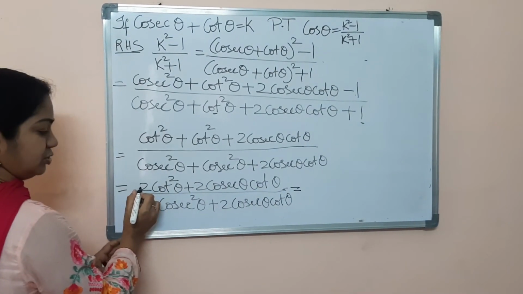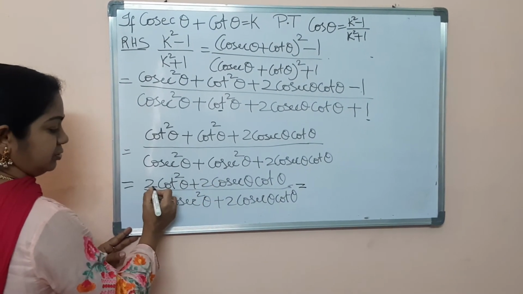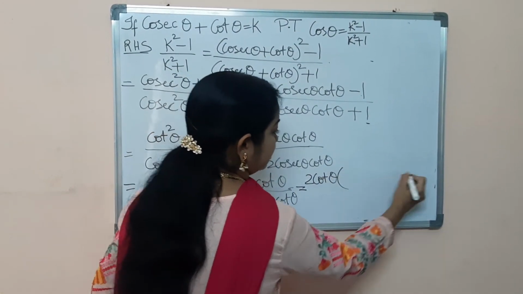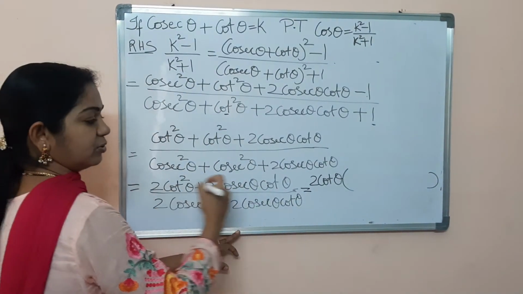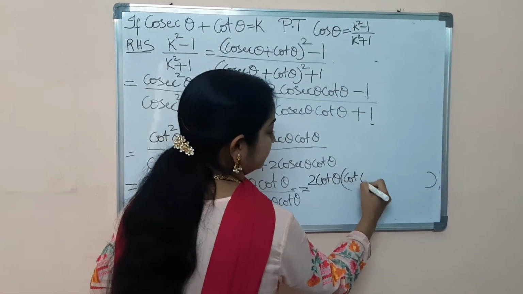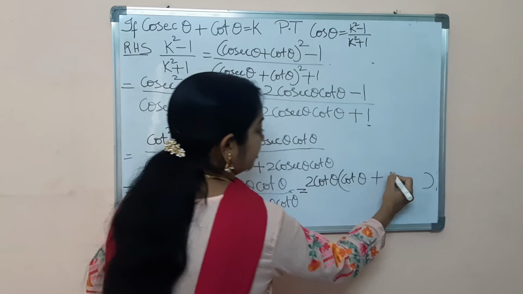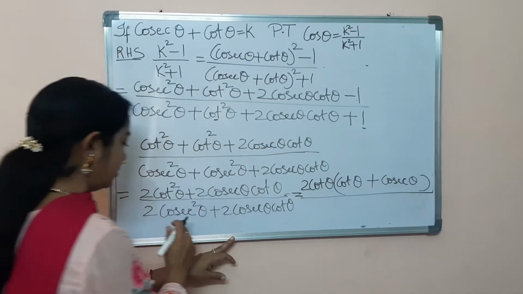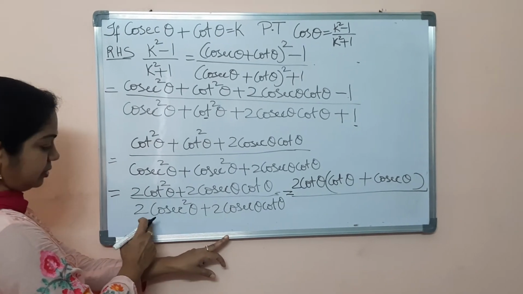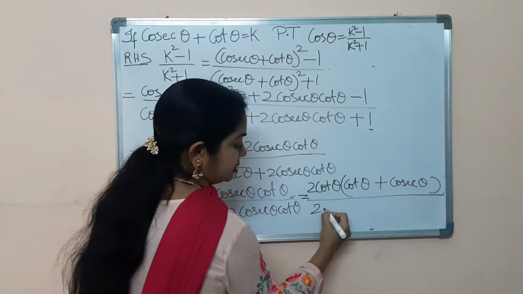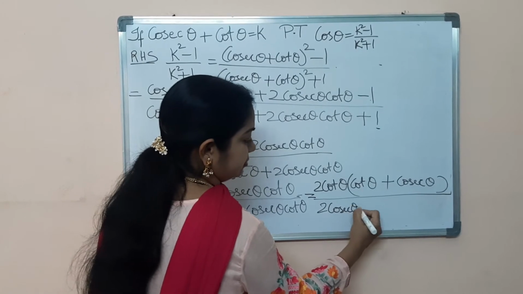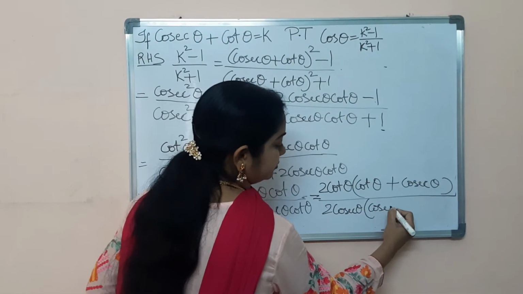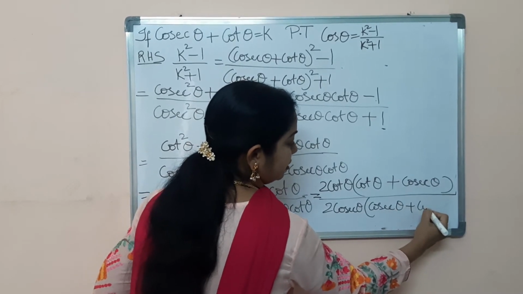Common here is 2 cot theta in the numerator, and there is one more cot theta and cosecant theta left. In the denominator, 2 cosecant theta is common, so there is one more cosecant theta plus cot theta left over.